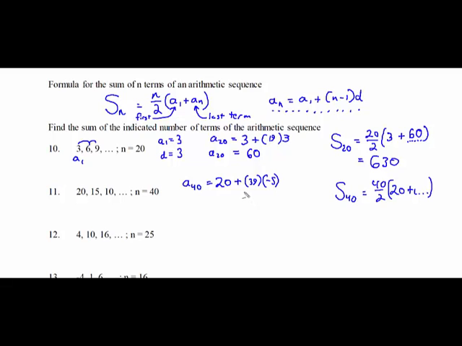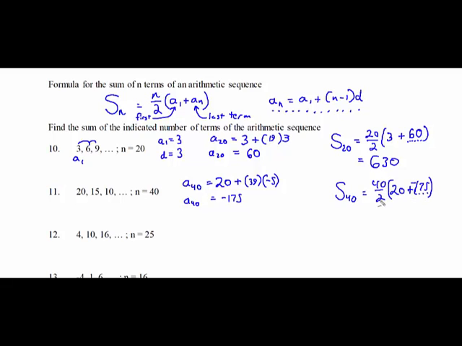Multiplying 39 times negative 5 and then adding 20 gives me negative 175. So my 40th term is negative 175.